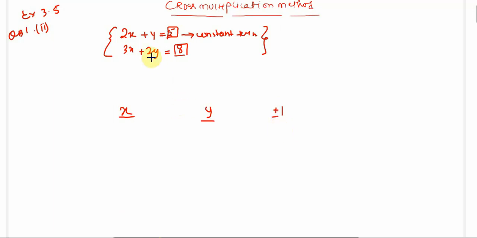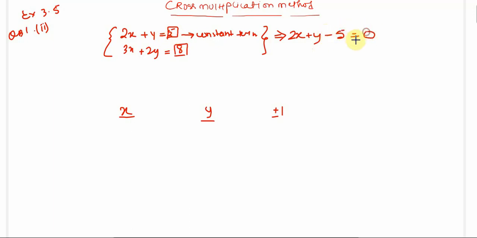Now whenever we keep all the terms on the left hand side and one side is 0, for example, let's say it is 2x plus y, and we are transferring this 5 to the left hand side, then plus 5 will become minus 5 equal to 0.